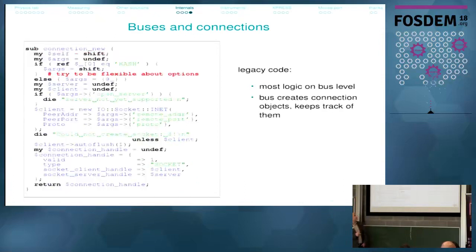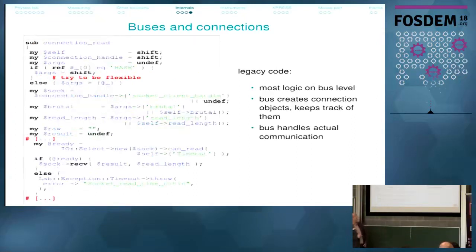The bus creates the connection objects and keeps track of them. The bus also handles the actual communication. So when a connection wants to do some talking to somewhere, it hands over the texts to the bus, and the bus does the actual hardware access.